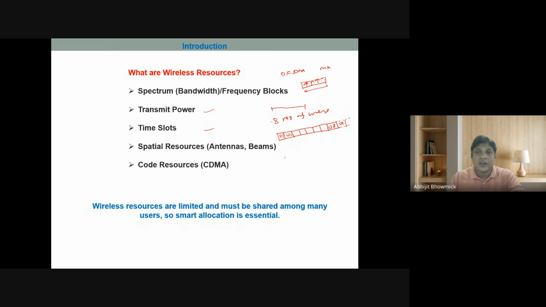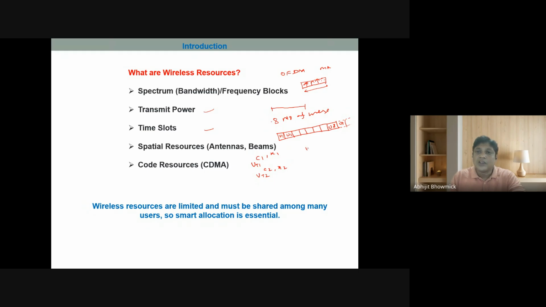Say, for example, two users: transmitter T1 is allocated code C1, and T2 is allocated code C2. When they transmit, say T1 is transmitting the X1 signal and T2 is transmitting the X2 signal.